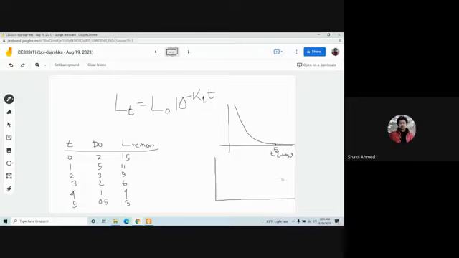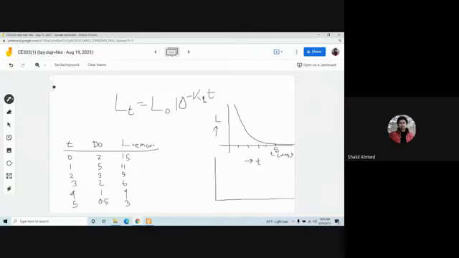Okay, so if we look at this now, this is L and this is time T in days. I have 1, 2, 3, 4, 5.